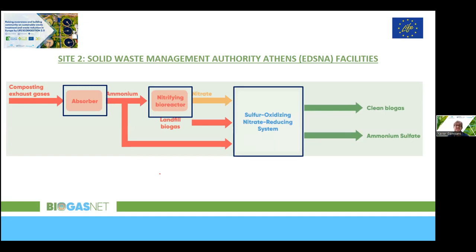So we need a first absorption process, then again the same nitrifying bioreactor, and then we will use a biotrickling filter instead of a bioscrubber. The main products obtained here will be clean biogas again and ammonium sulfate as a byproduct that the owner can put on the market.